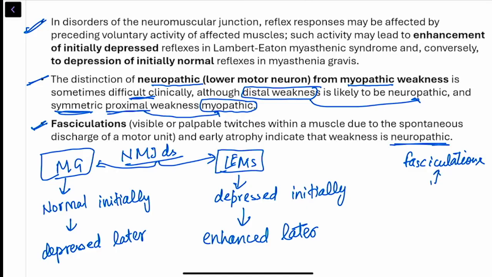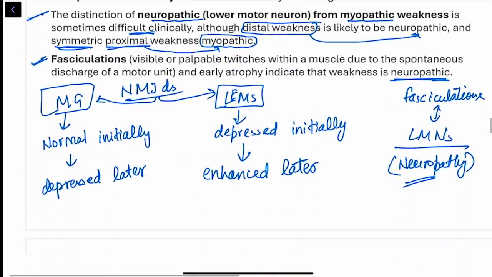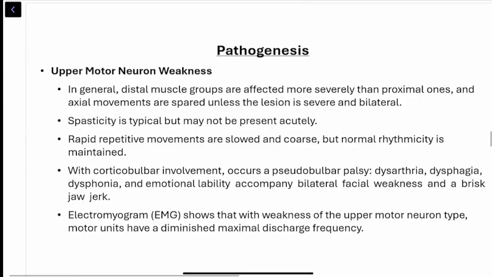These are seen in lower motor neuron lesions, and lower motor neuron lesions occur in neuropathy. Motor neuropathy means the nerve is involved. So this is what we were discussing, all about the stretch reflexes which are seen with weakness.